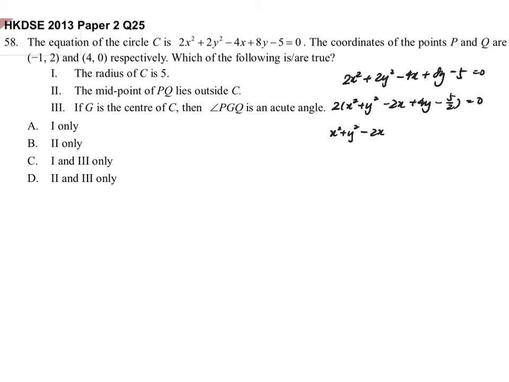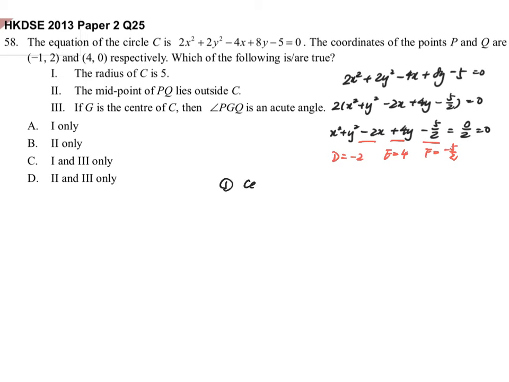Divide both sides by 2. Then D is negative 2, E is positive 4, F is negative 5 over 2. We can use these three numbers to find the center and the radius of circle C.